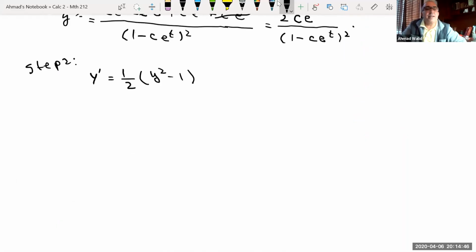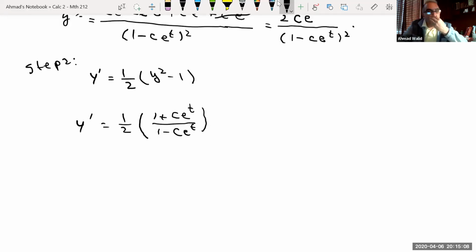Then I can write y prime equals 1/2 parentheses, what was y? 1 plus ce to the t over 1 minus ce to the t, all square, minus 1. Let me put a bracket here because I have 1/2 there.